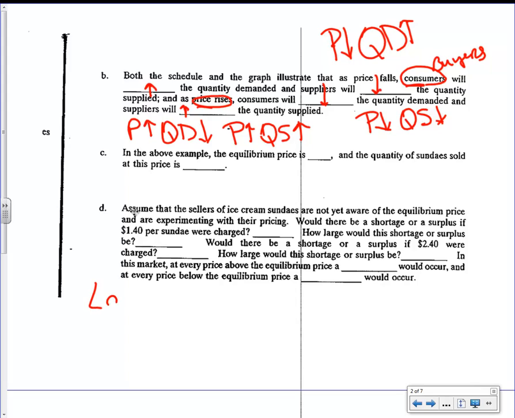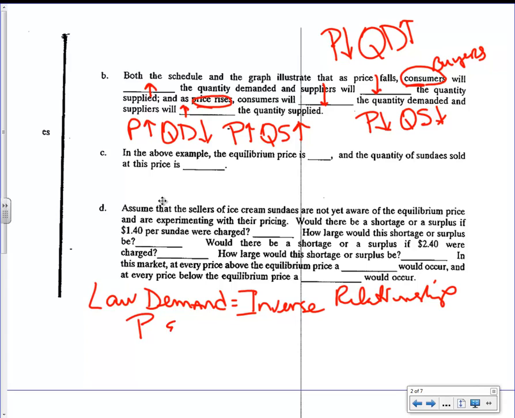The law of demand, as the notes indicate, says there is an inverse relationship between price and quantity demanded. As price rises, quantity demanded falls. As price falls, quantity demanded rises.